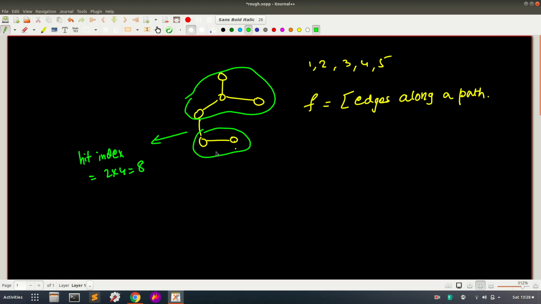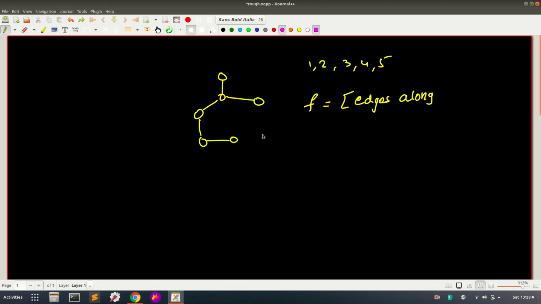Similarly, for this edge it's going to be 1 multiplied by 5, which is equal to 5. So we found that this is 5, and this is 8 because 2 into 4.